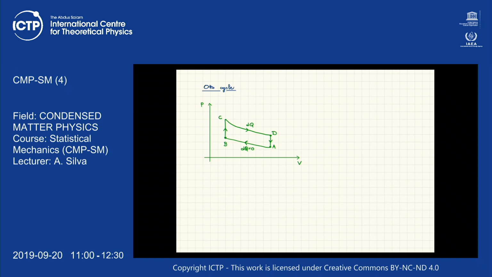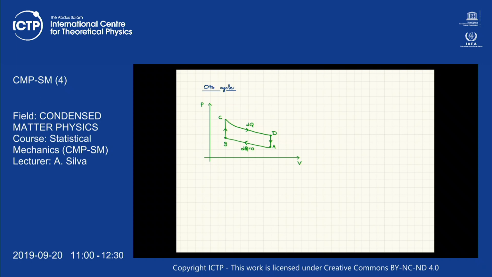If you have a gasoline engine, then you need a spark in order to start the explosion. And that spark is provided by those things that are called spark candles, okay? You need some electricity in order to start these sparks. But essentially the cycle is always the same thing.